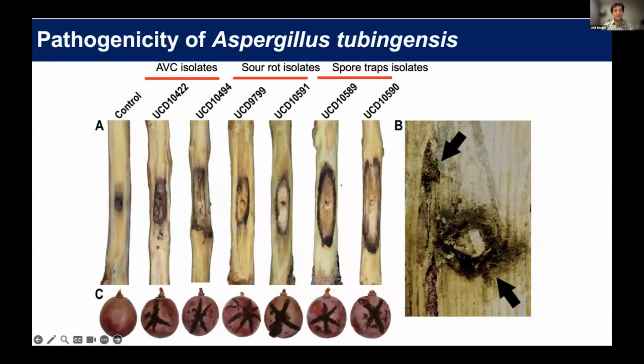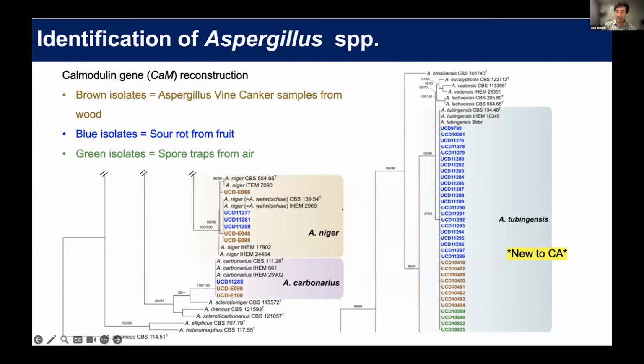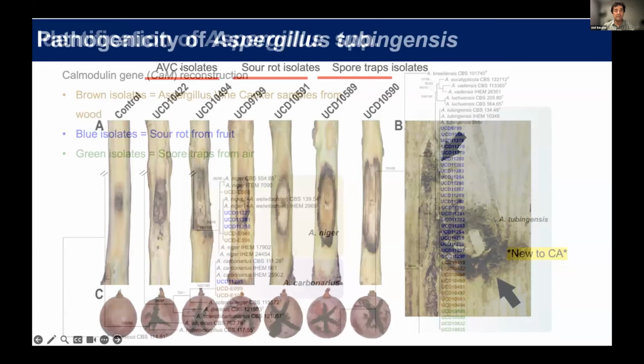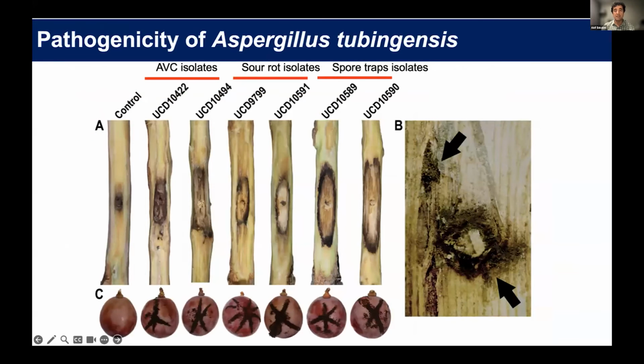So we have done the pathogenicity test. This test shows that isolates from wood, sour rot isolates, and the spore trapping isolates produced slightly different cankers on healthy plants when we inoculated them in controlled conditions. This is the control. As you can see, this is the canker. The spore trap isolates, even though they are the same pathogen, seem to be more aggressive than the sour rot and also vine canker isolates. It's very interesting.